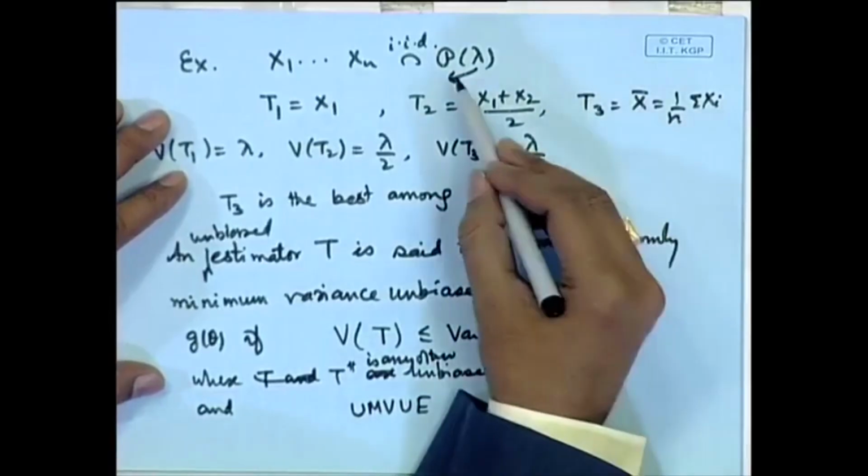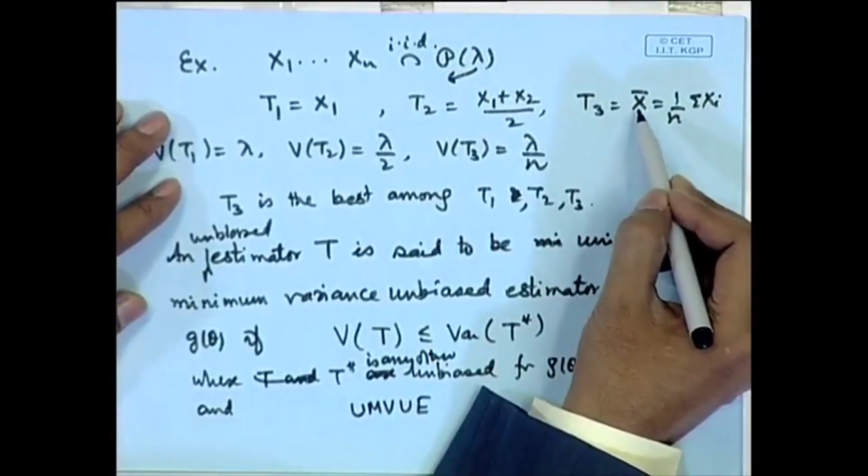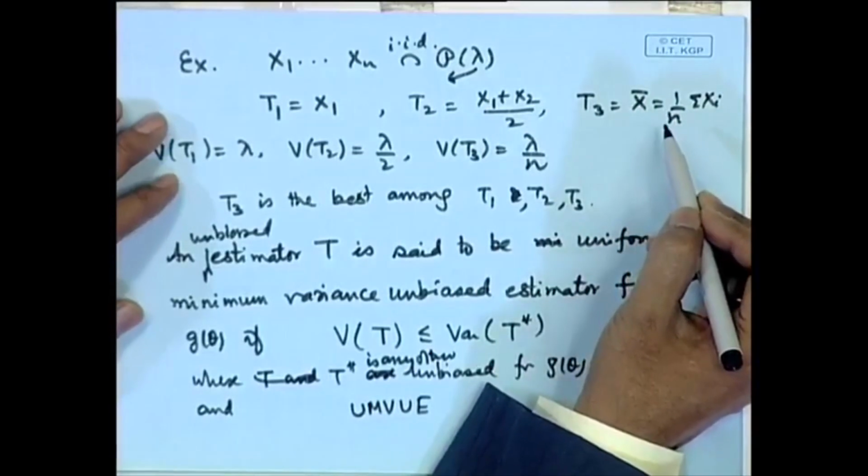For example, in this case of the Poisson distribution, X bar will be the uniformly minimum variance unbiased estimator. Now, the question arises: how do we check that it is a UMVUE, or how do we find one? Here we have already got it and can check, but the total number of estimators is infinite, so how do we find it? We have to develop a method for finding the UMVUE.